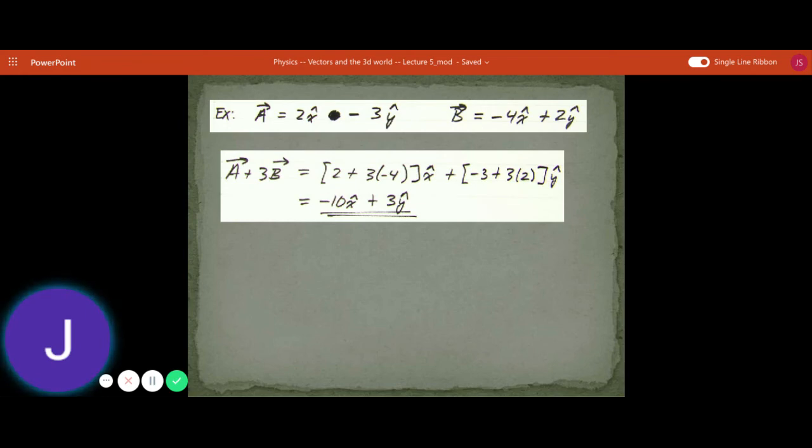All right. Here's a little bit more complicated formula here. We got vector A plus 3 times vector B. Well, you do the scalar multiplication of 3 times the components of vector B, and you add A to it. So if you look at vector A, 2x hat minus 3y hat, and B is negative 4x hat plus 2y hat. Well, let's see what we got here. Is this correct?